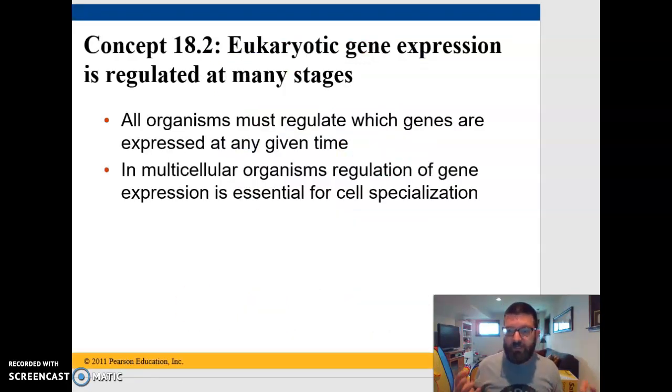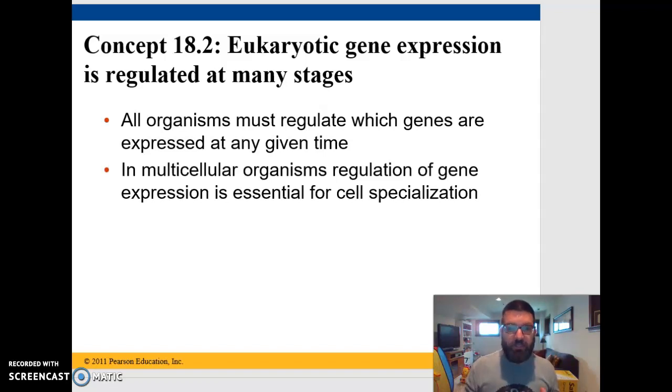So operons are a clever solution for having gene regulation in a way that allows you to express genes together very efficiently when those gene products are going to be used together at the same time. But that's really only found in large amounts in prokaryotes. So think bacteria. In eukaryotes, it's a little bit more complex, as you might expect.